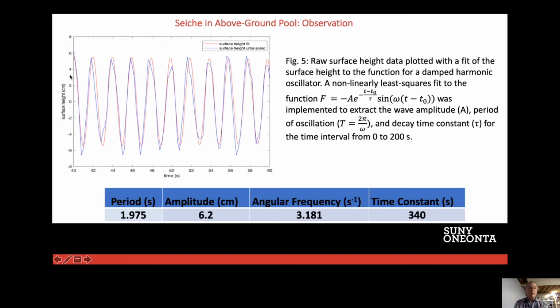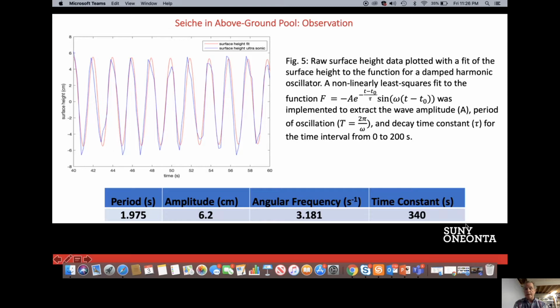And so here you can see the raw data in blue, and the red represents a fit to this function with a period of 1.975 seconds, an amplitude of 6.2 centimeters, and the time constant is roughly 340 seconds.